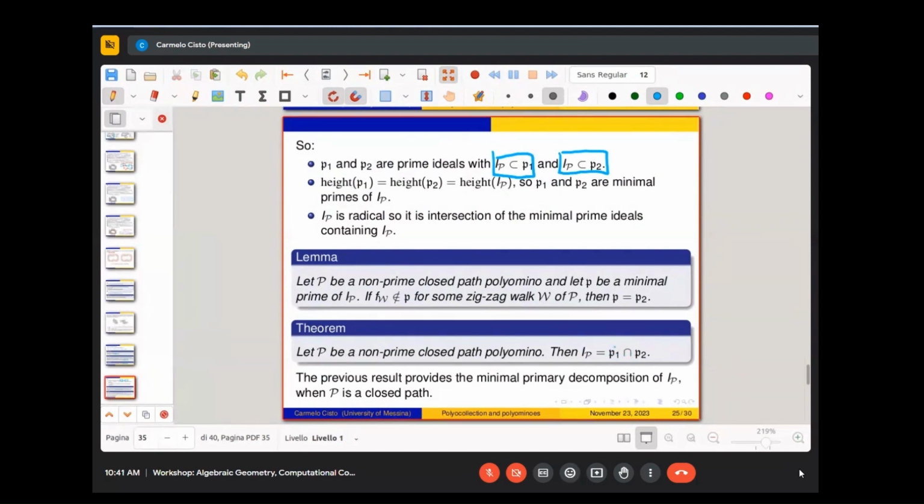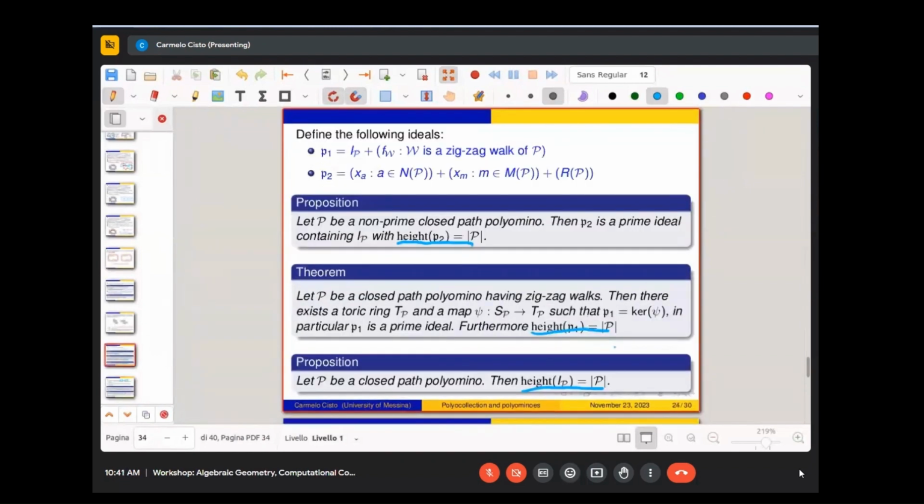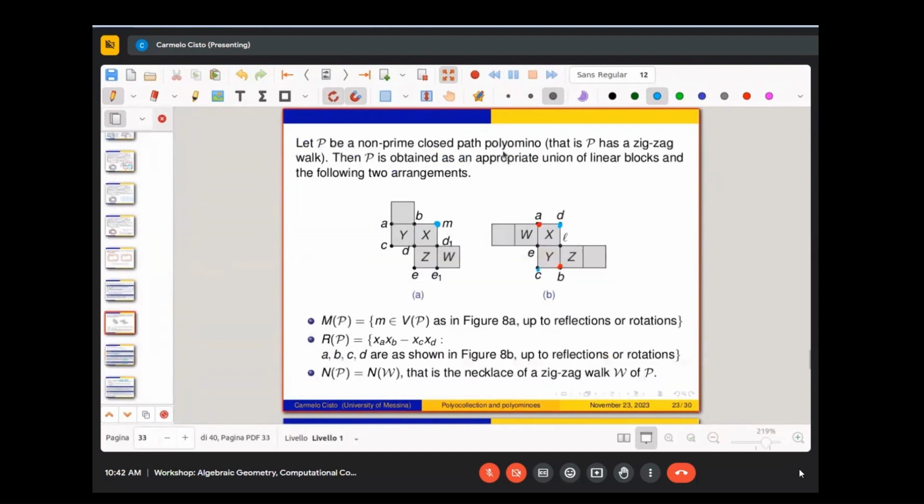So P1 and P2 provide exactly the minimal primary decomposition of the closed path. So for the closed path, we are able to provide the minimal primary decomposition, and in a certain sense to characterize it combinatorially, because the definition of these two ideals is combinatorial: it is in the configuration of the zigzag walk, and it concerns this sub-configuration.